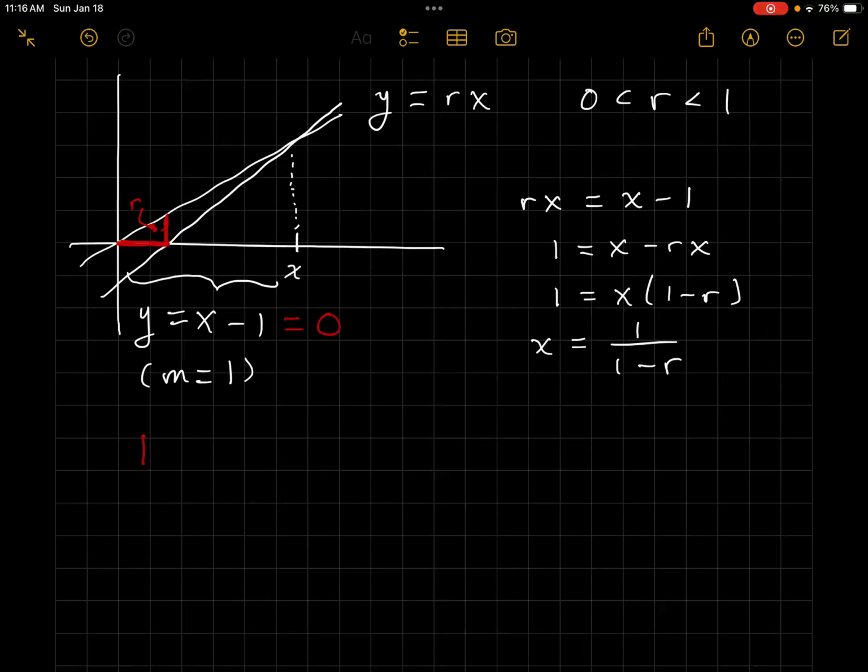One is by plugging x equals 1 into that equation there. But I'm going to think about it a different way. If this length here is 1, and the slope of this line is r, where the slope is y over x, then the y value must be r.